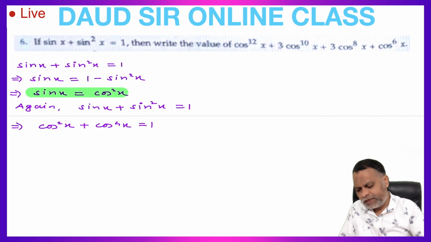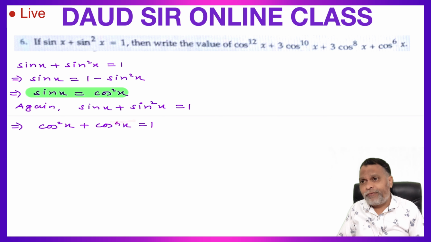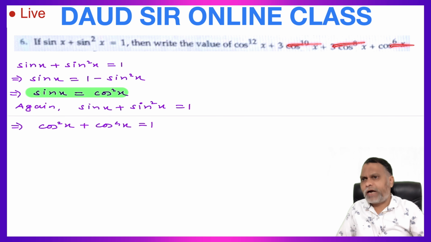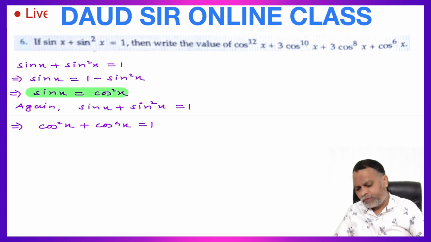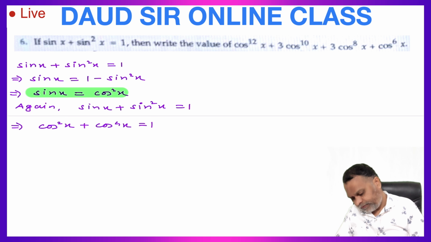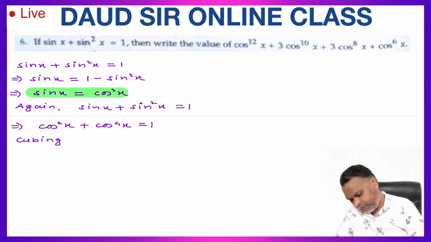So think about this. How many powers are required here? Maximum 12 power. So here 4 power. If we are making the cube on both sides, then we can get the 12 power and this 6 power or 8 power or 10 power. So cubing on both sides.